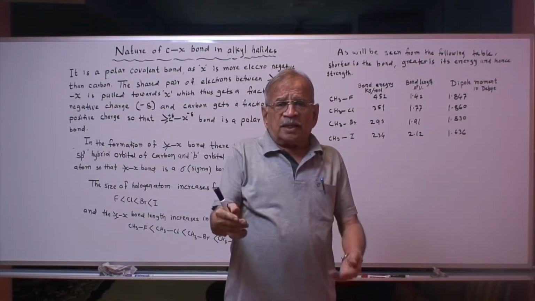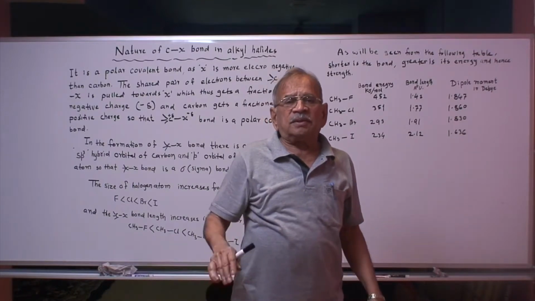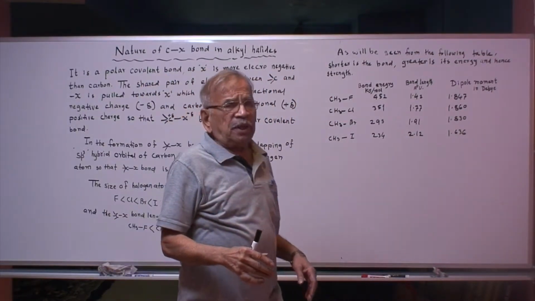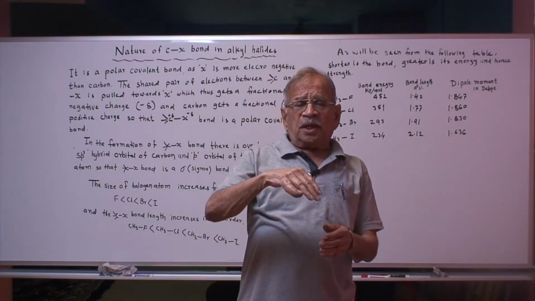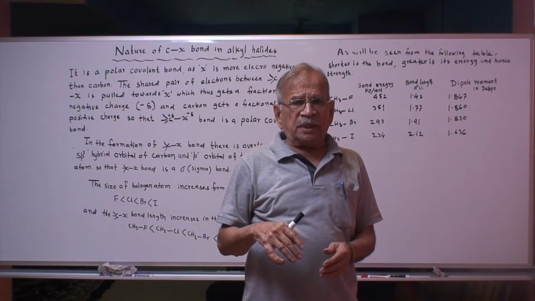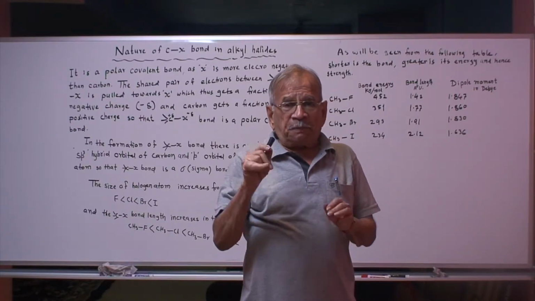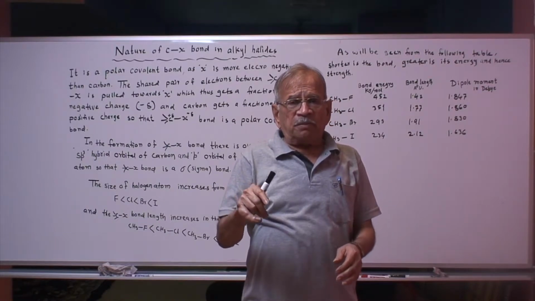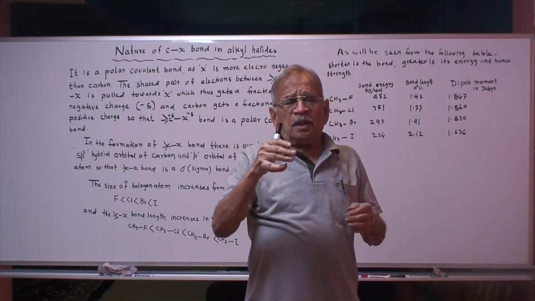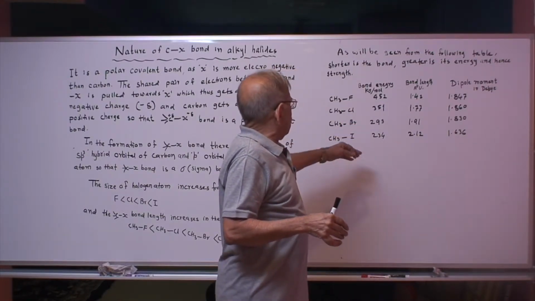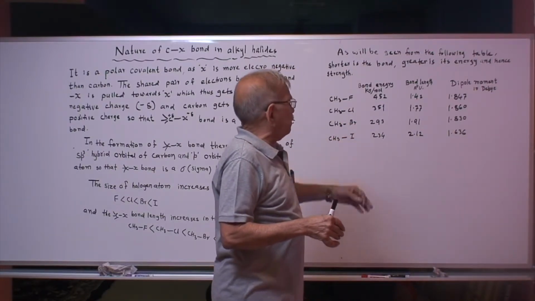For the time being, let us assume that the CX bond is formed by overlapping of the sp3 hybrid orbital of carbon and the p orbital of the halogen atom, p orbital of fluorine, p orbital of chlorine, p orbital of bromine, p orbital of iodine.